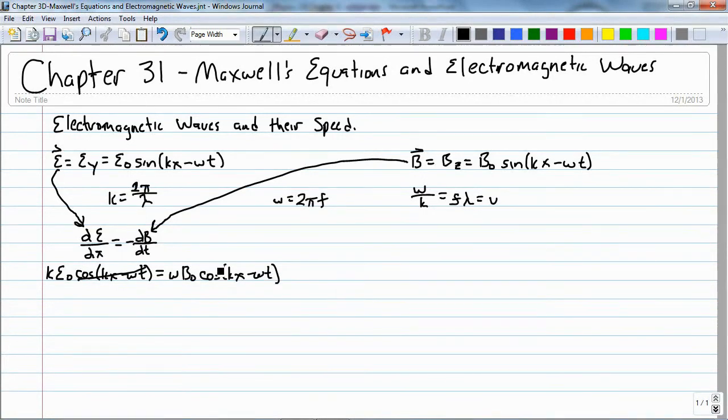The cosines are going to go away, and I'm going to get E naught over B naught is equal to omega over k, and that's equal to the velocity.